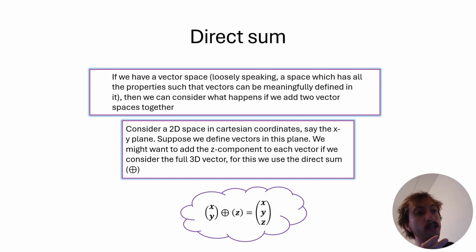So the direct sum is about stitching dimensions together, but there's another, seemingly less useful, although for our purposes we'll see it will be more useful, way to combine vector spaces together, and that's called the tensor product. And we'll come on to that in the next part of this video.